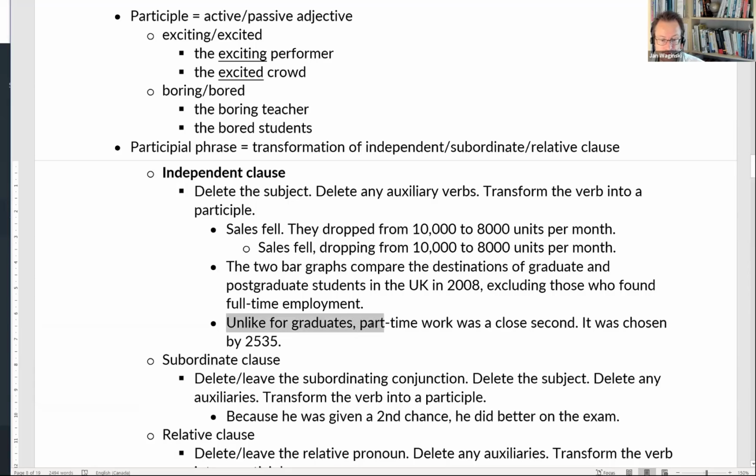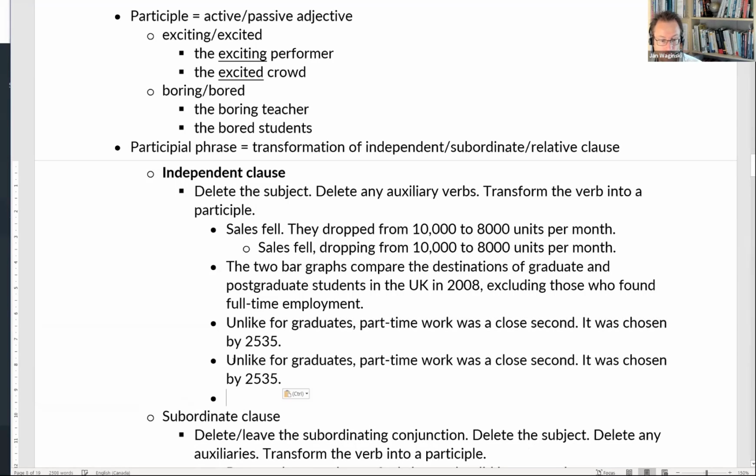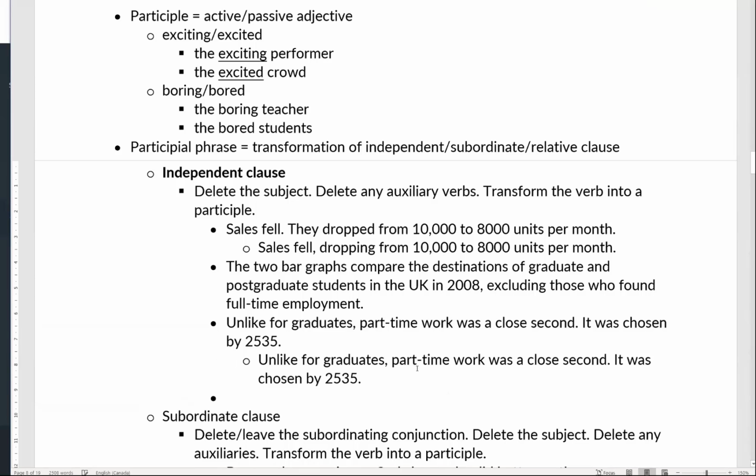Unlike for graduates, part-time work was a close second. It was chosen by 2,535. Choosing by 2,535. So in this case, was chosen, is that active voice or passive voice? Passive. So that's right. So we have to use the third form. So here, again, we delete our subject.